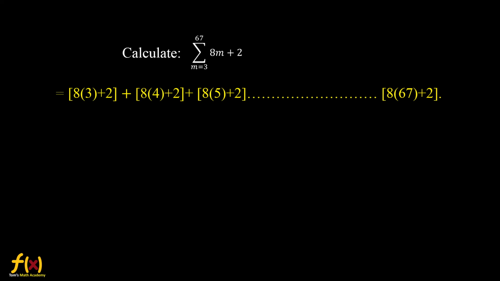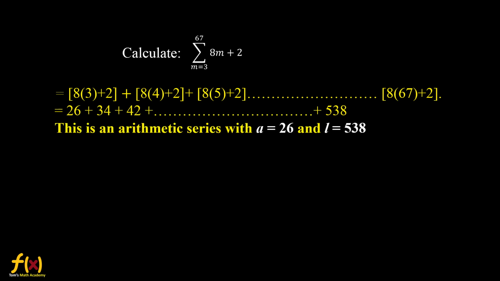We can write all the numbers, but here it is more than 60 numbers, so it's not possible for us. So we write the first 3 numbers and the last number and check what type of sequence this is. 26, 34, 42, etc.